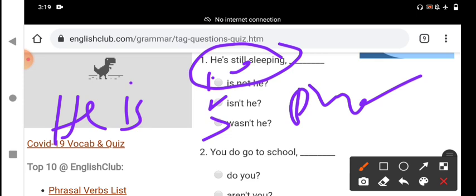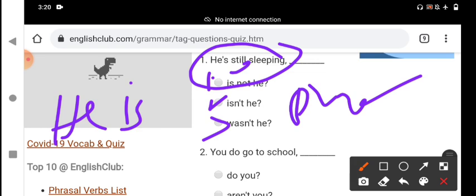Still is an adverb. It means until a particular time, continuing to happen or continuing to be done. Here it is an adverb. He is still sleeping. That means continuing to happen up to this time.